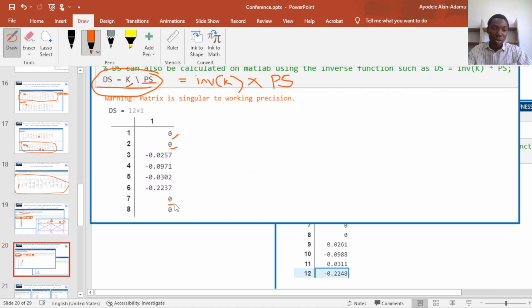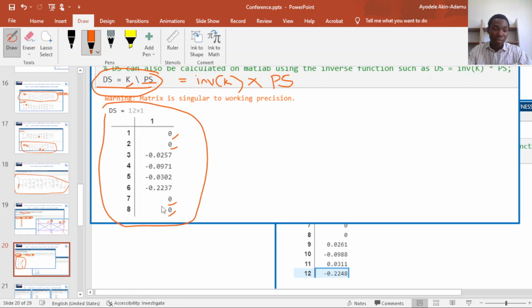At 7 and 8, we also have 0 as our displacement. At 3, 4, 5, 6, we have values. Also 9, 10, 11, 12, which is not shown here, we also have displacement quantity. So our displacement vector is a 12 by 1 matrix, but here it's only showing an 8 by 1 matrix.